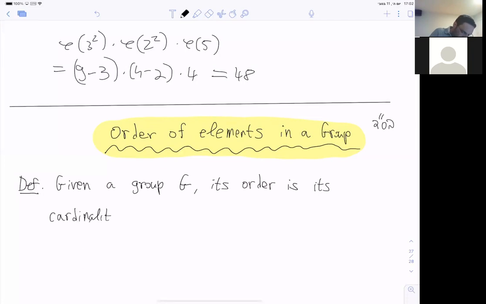I mean, the number of elements. This can also, of course, be infinite. We denote it by this. Okay, this is not absolute value. This is the number of elements of G.